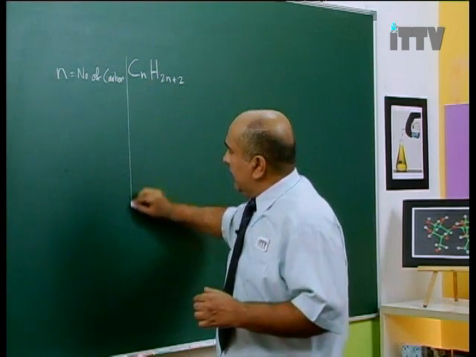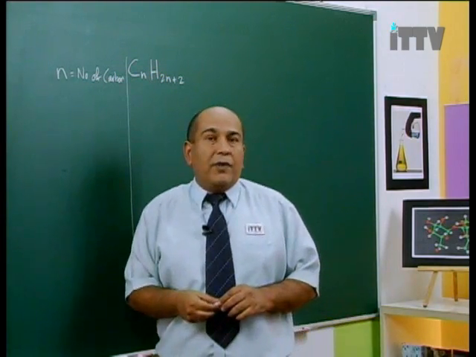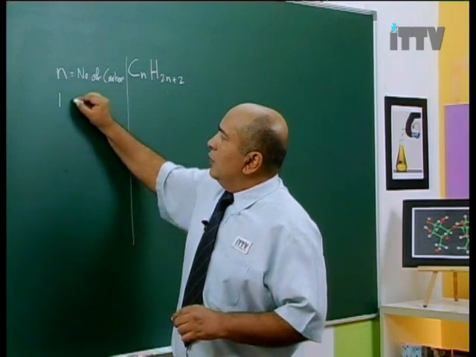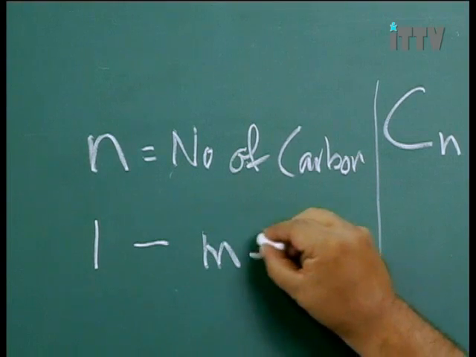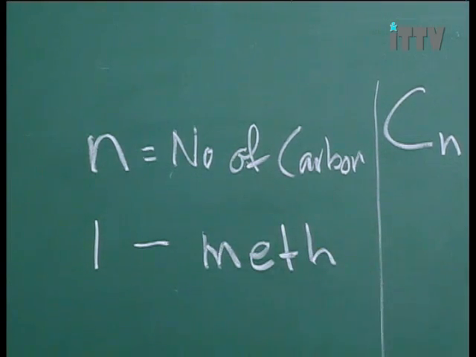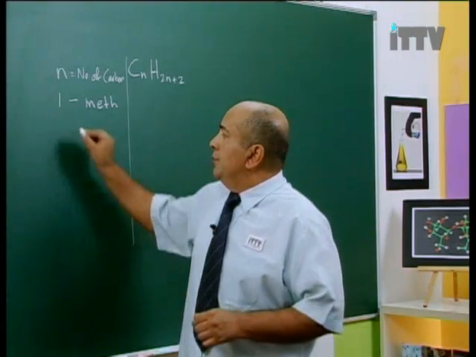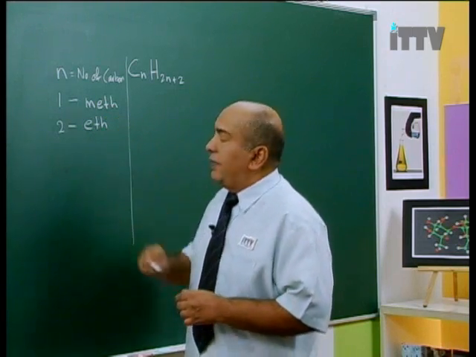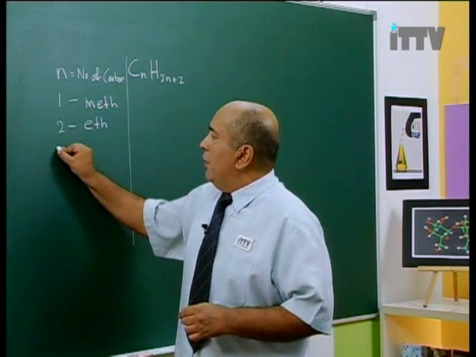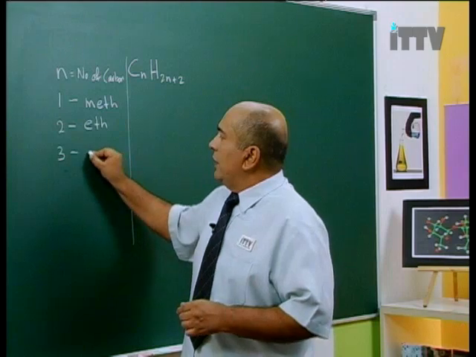Just draw a little line here. When your number of carbon is 1, we use the word meth. When the number of carbon is 2, we use the word eth. When the number of carbon is 3, we use the word prop.